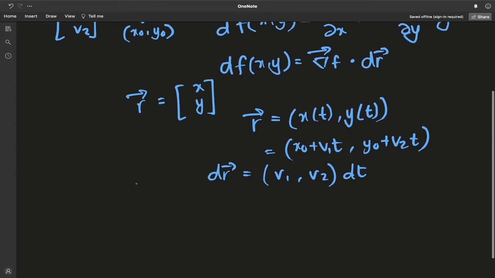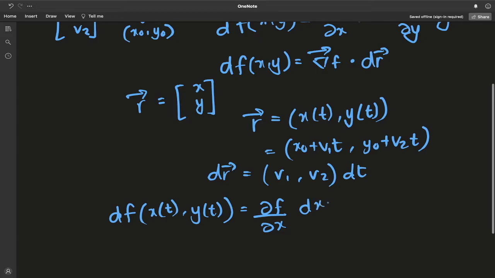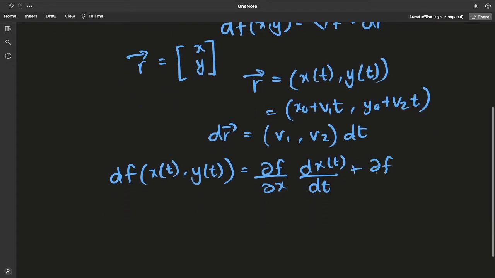Okay, fair enough. What we can do is we can plug this into this original guy now. So d of f of x of t, y of t now, because now they're parameters, they have a parameter t, becomes just, now you can do the chain rule again. And then since x of t depends on t, differentiate with respect to t, do the same with the y.